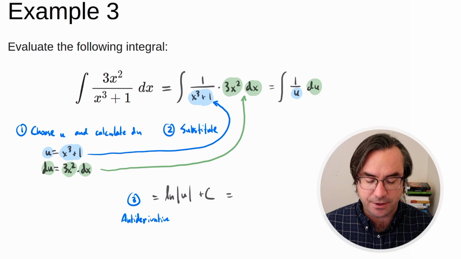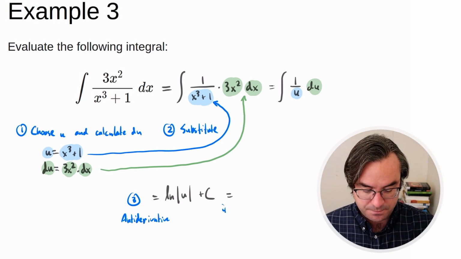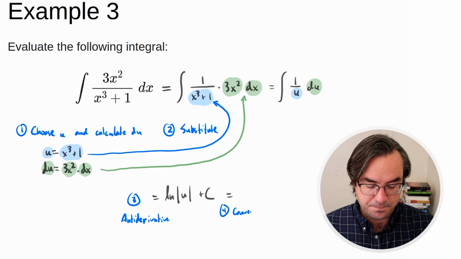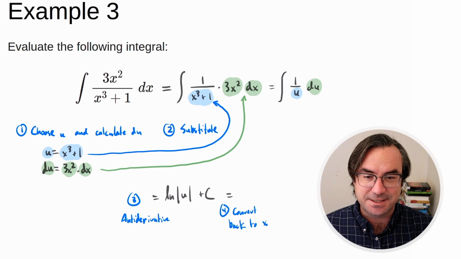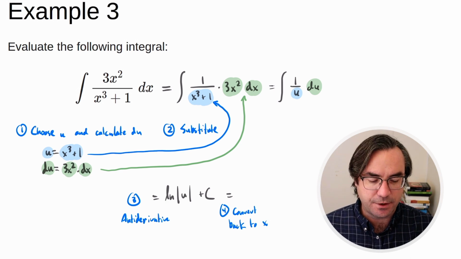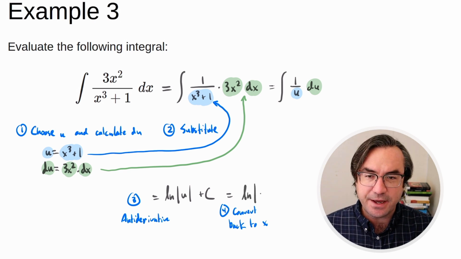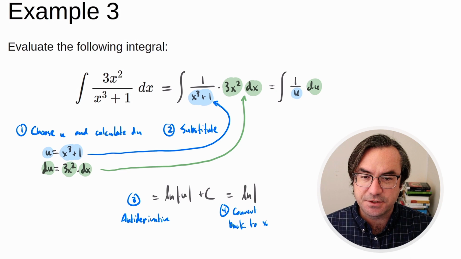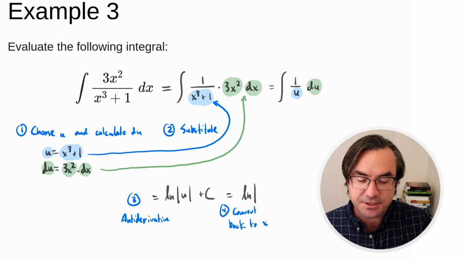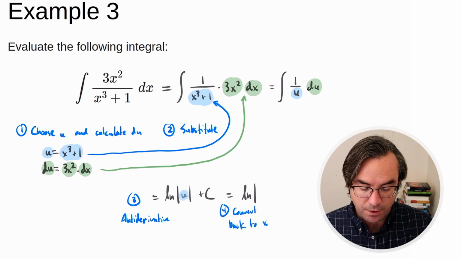Plug back in the original variable. So we're going back to x, or whatever the original variable is. So in this case, it is x. So in place of that u, we're replacing this u here with the x cubed plus 1 from before.